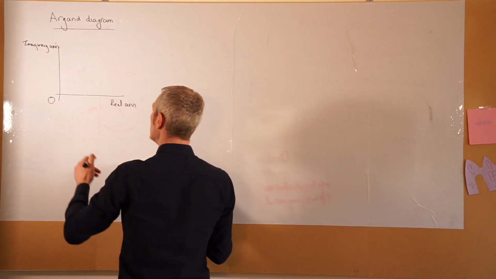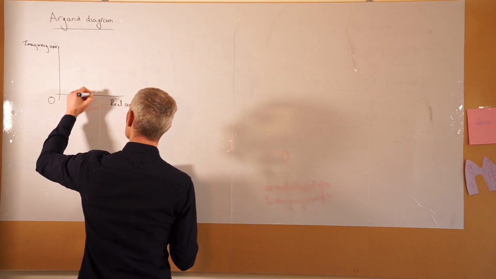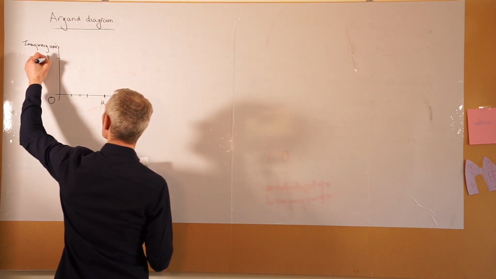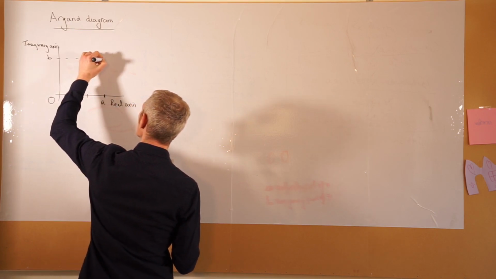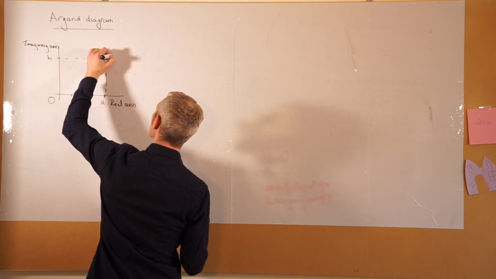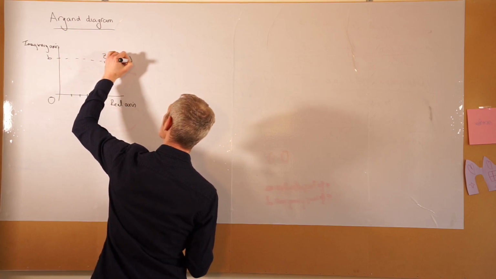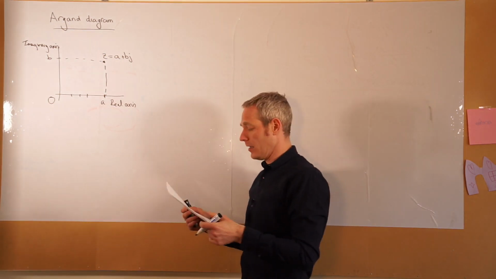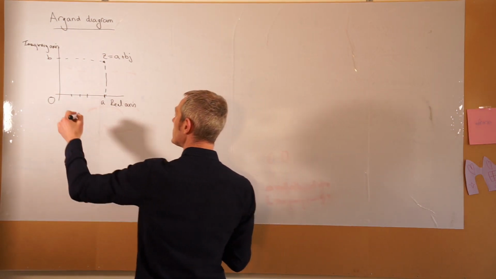Now, if we have a complex number with real component A and imaginary component B, Z is A plus B times J, then this is how we display it in a diagram like this.